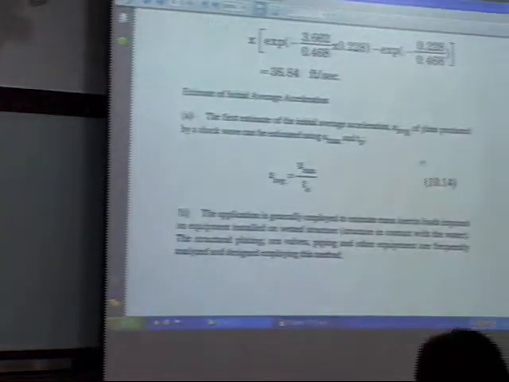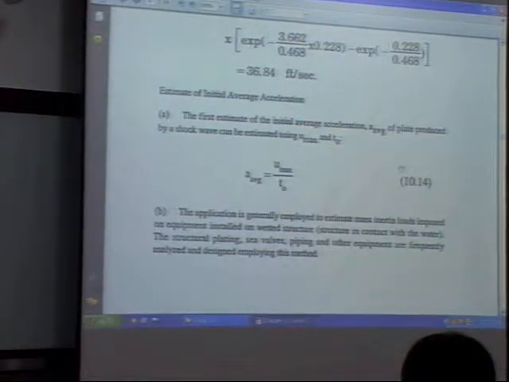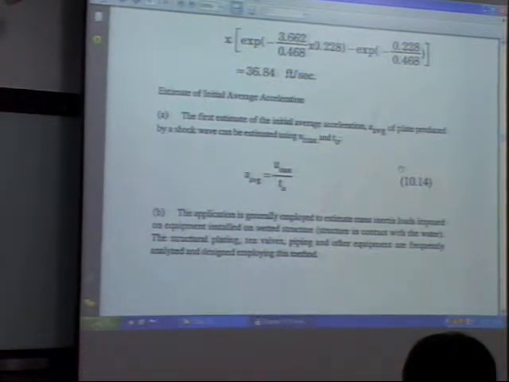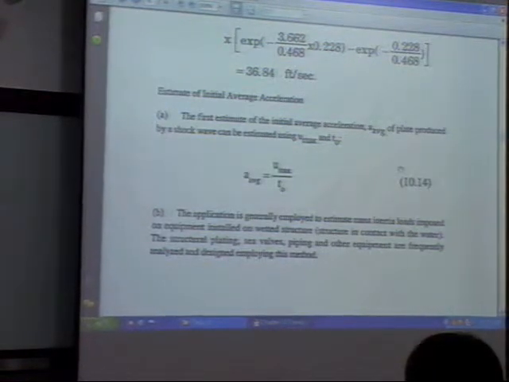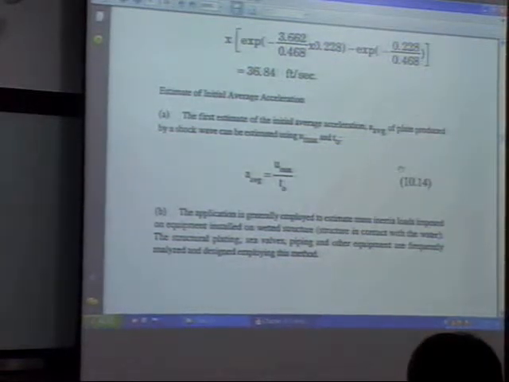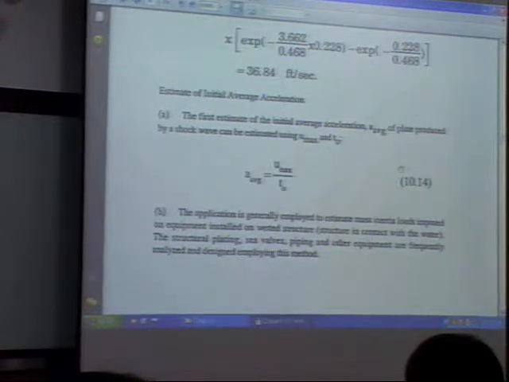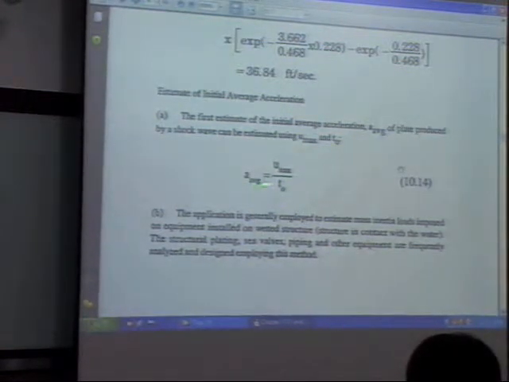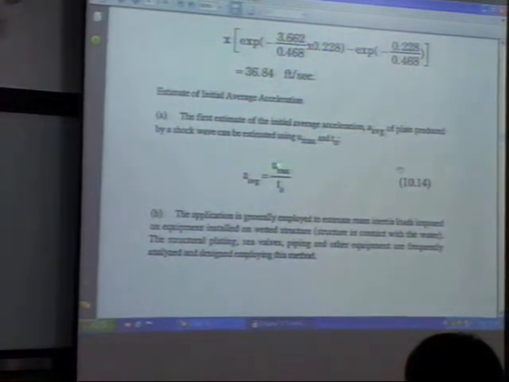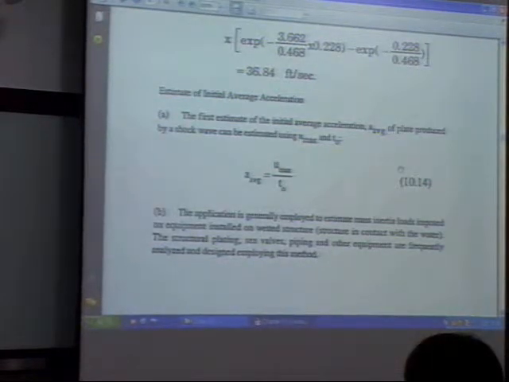Then you can estimate the average acceleration. You need to calculate the acceleration because you need to compute the inertial force, as you know, mass per unit area times acceleration. This acceleration is like an average acceleration. Why? Because this is U max at a particular time, right?